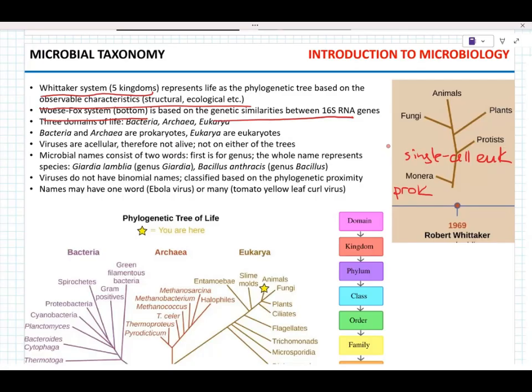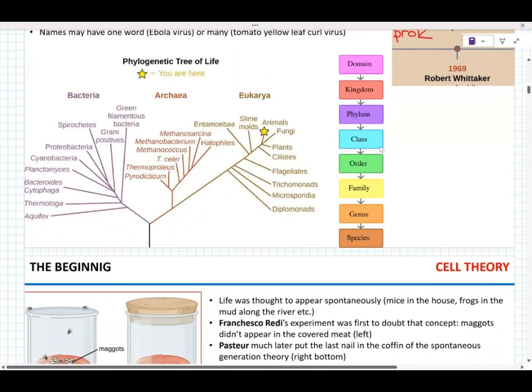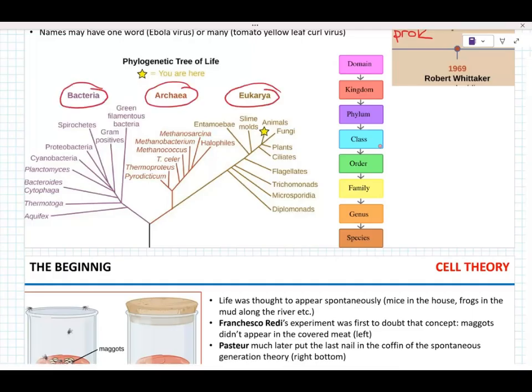And he demonstrated, along with his colleagues, that all organisms, based on their genetic and evolutionary relationships, can be grouped into 3 domains: bacteria, archaea, and eukarya.